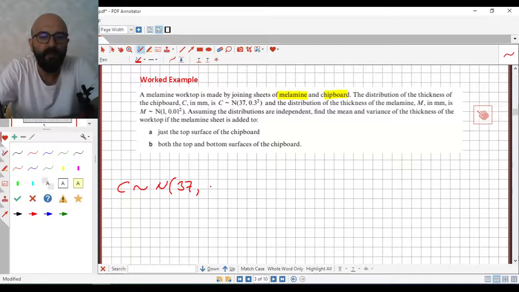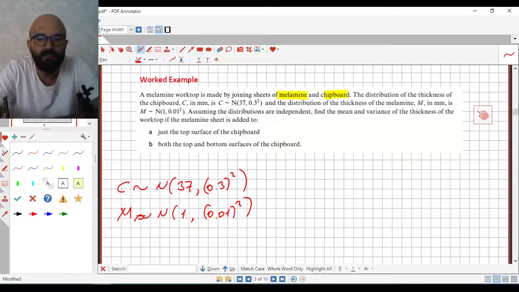The distribution of the thickness of the chipboard C in millimeters is normal with mean 37 and variance 0.3 squared, and the thickness of the melamine M is normal with variance 0.01 squared. This is the distribution of chipboard, and this is the distribution of melamine.